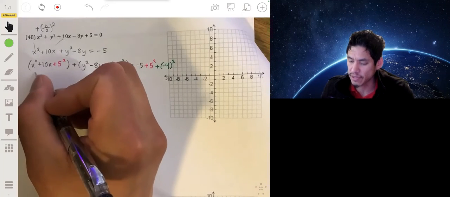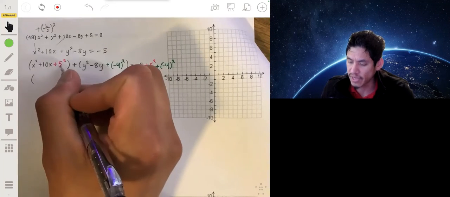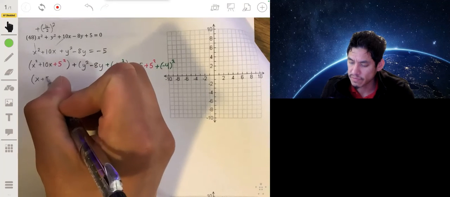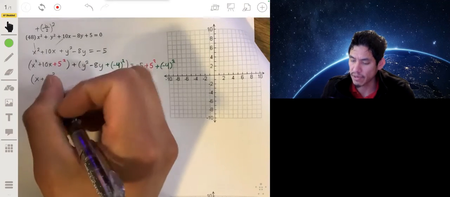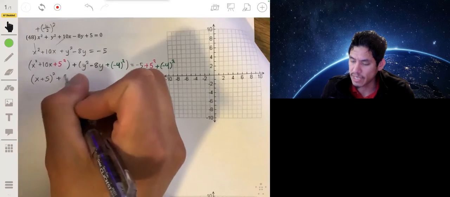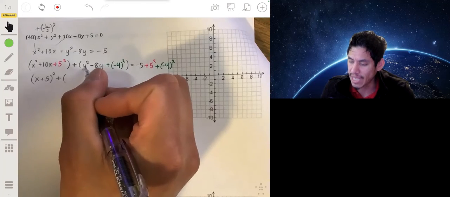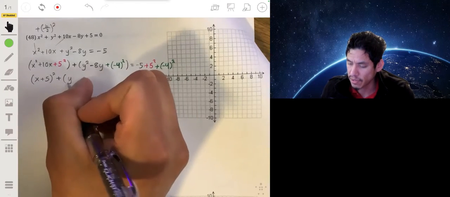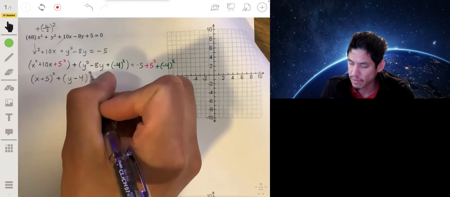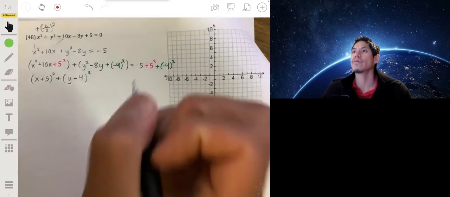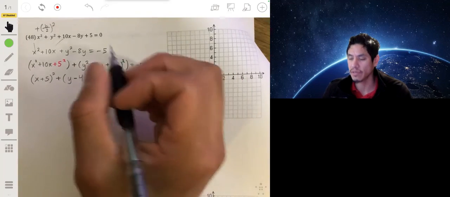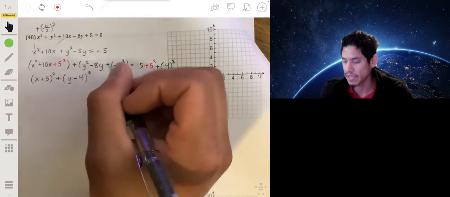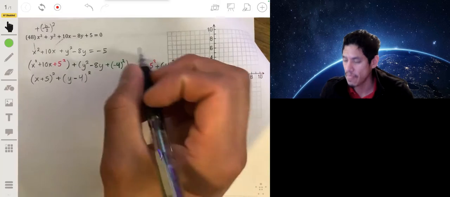This will factor into x plus 5, all that to the second power. And the y terms will factor into y minus 4. That will always work when you complete the square, so that'll save you some time factoring.